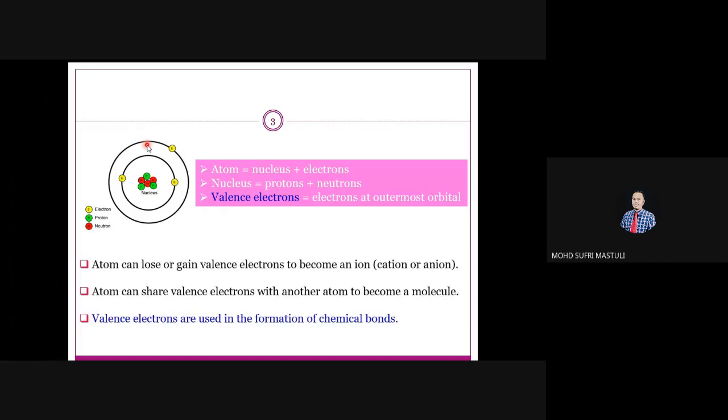Remember also that an atom in the periodic table can lose or gain valence electrons to become an ion. We have two types of ion, cation or anion.